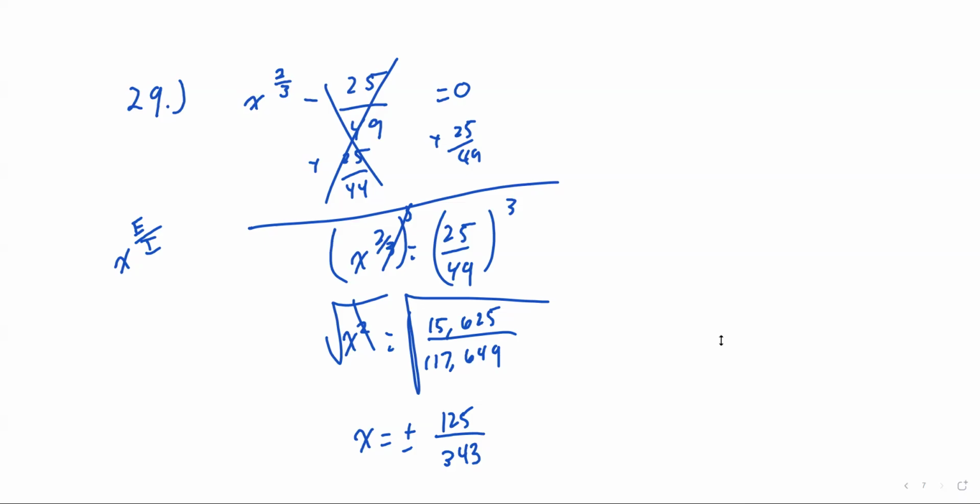Actually, we might be able to do this. Let's do 125 divided by 343 to get this answer. I want to raise that answer to the 2 divided by 3.